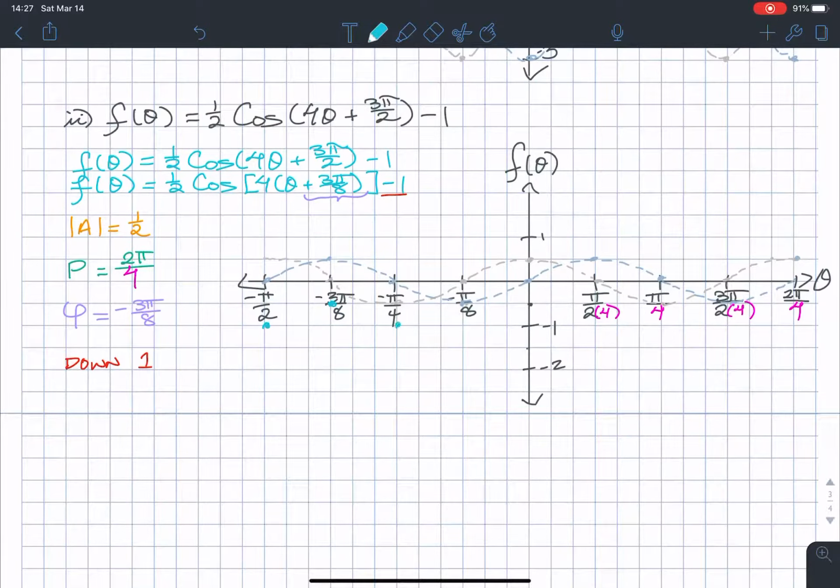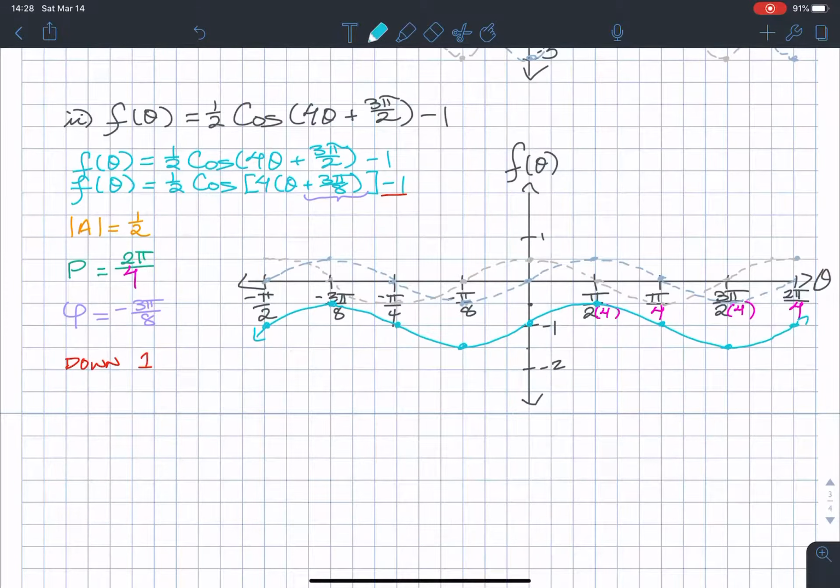And I follow each point down 1 whole unit. So finally, we get the graph of cosine with an amplitude of 1/2, shifted 3 quadrants left, and 1 unit down.